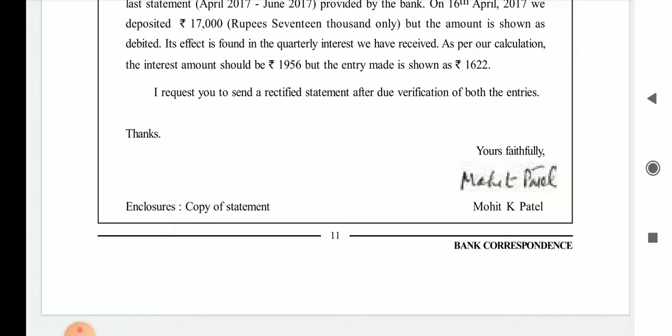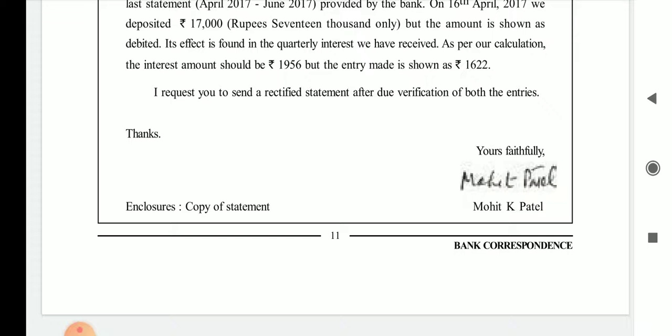I request you to send a rectified statement after due verification of both entries. That means Mohit Patel also requests the bank manager to give a rectified statement after the changes in the entry.